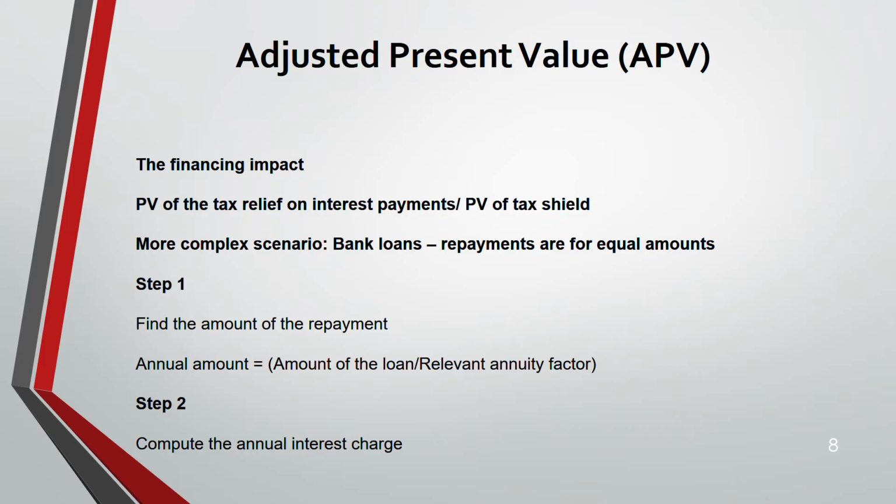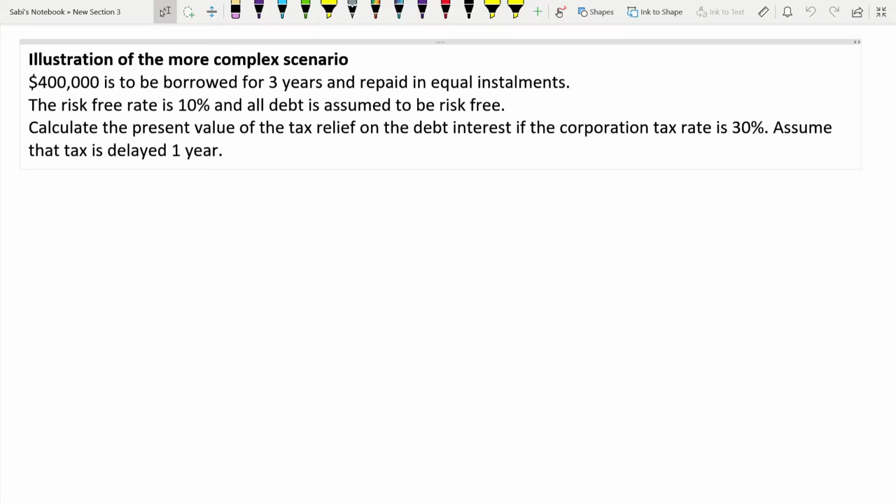Now we are going to do a question on the complex scenario. Here you have 400,000 of loan that you have borrowed for 3 years, which is repaid in equal installments. The risk-free rate is 10%. Debt is assumed to be risk-free.